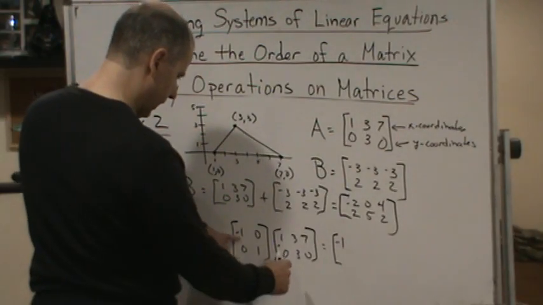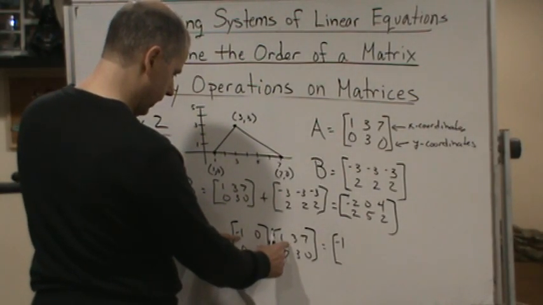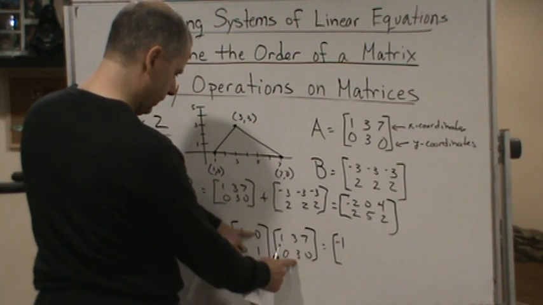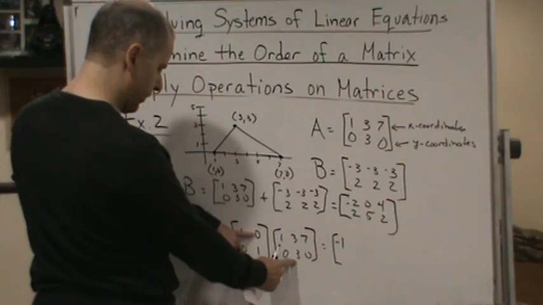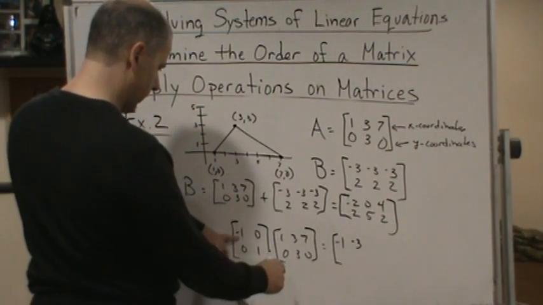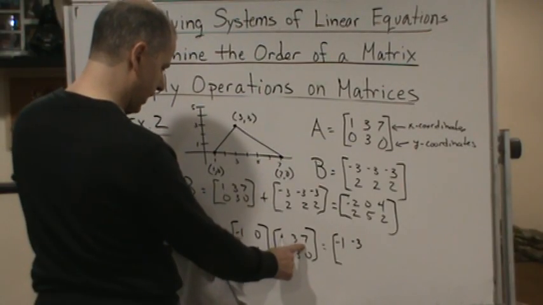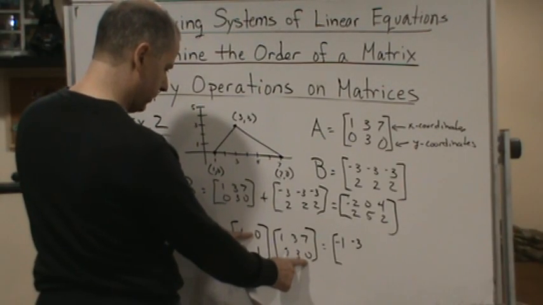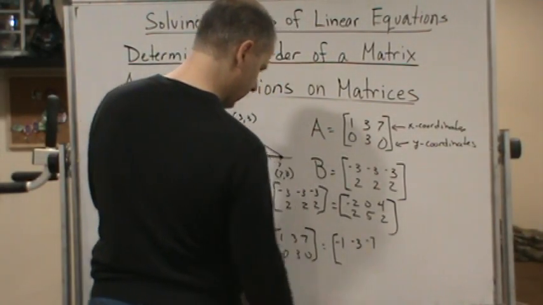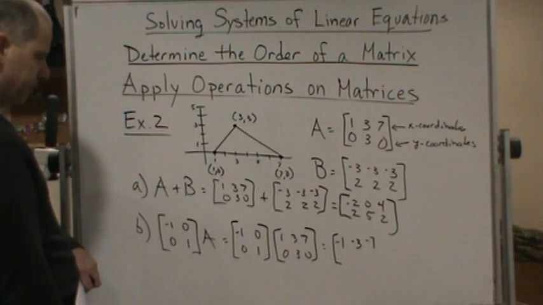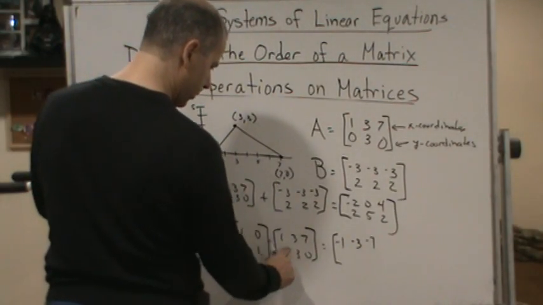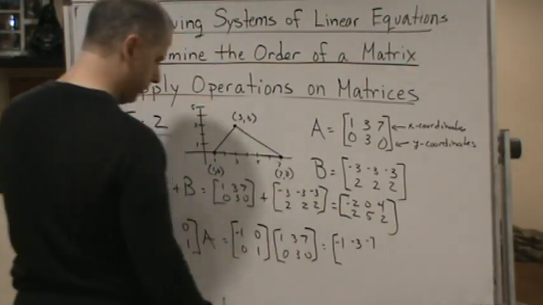Then -1 times 3 is -3, plus 0 times 3 is 0, so we get -3. And then -1 times 7 is -7, plus 0 times 0 is 0, which gives us -7. See that? So what this did was just take the opposite value of this row.